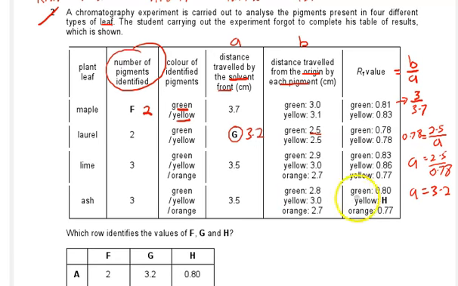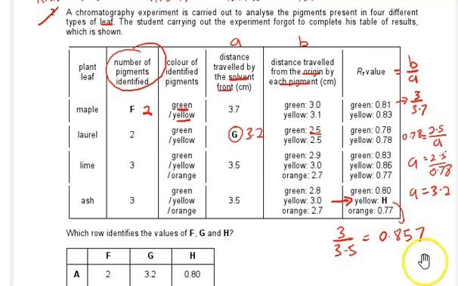And look here, they are asking for the Rf value for the yellow. So we just take the 3 and divide it by 3.5, so we are getting about 0.857. Okay, I hope you can understand this.